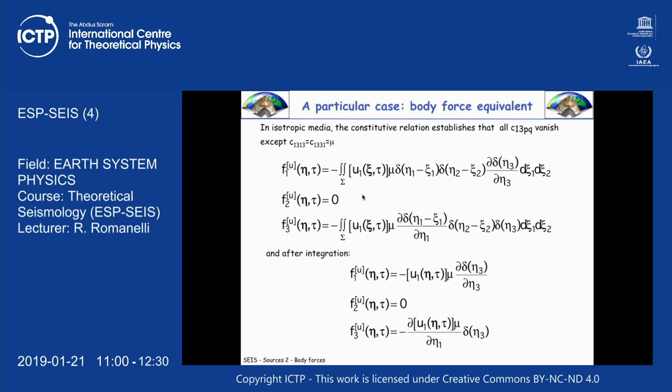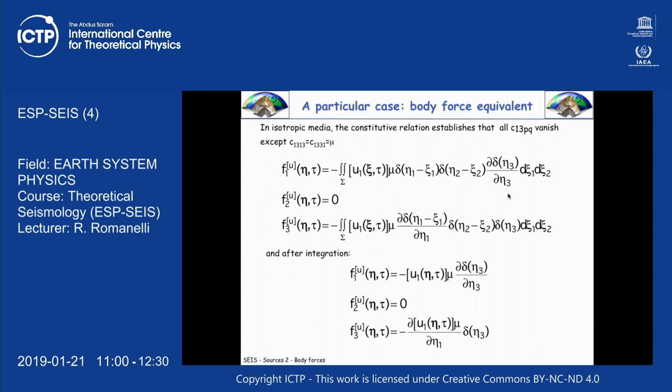Okay? Now, that's the integral. Here we have 1, here we have mu. And now if you replace 1, 3 and 3, 1, you will see that we have this a little bit messy game of deltas and their spatial derivatives.